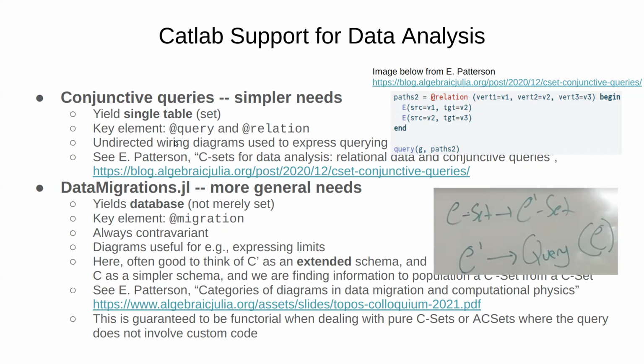And we actually use undirected wiring diagrams to express querying. Do you remember where we had undirected wiring diagrams before? We encountered them in this very room. Actually, in I think the last take-home exercise, we encountered them. Do you remember what it was for? We were actually using structured cospans to put together, in that case, causal loop diagrams.